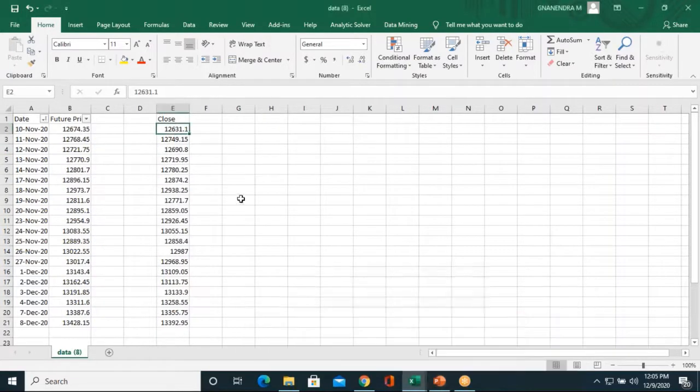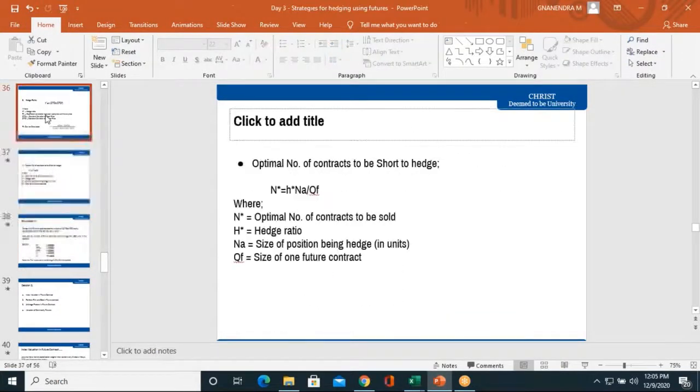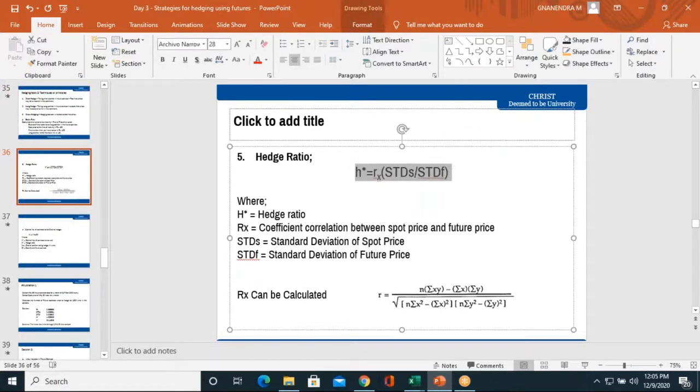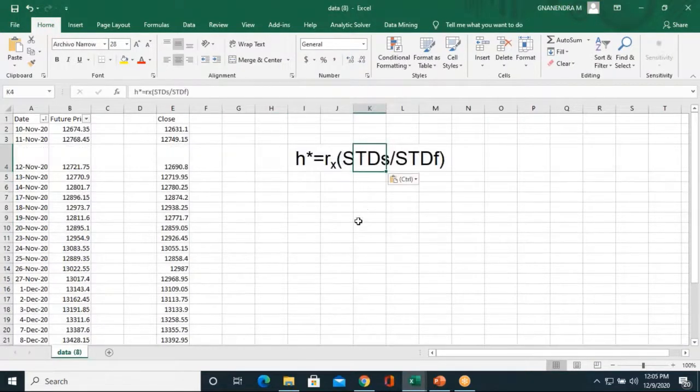I got this one. So now what I need to calculate here, I should use hedge ratio, right? First I need to do this particular equation. Yeah, this one I need to do. So for Rx I need to calculate.